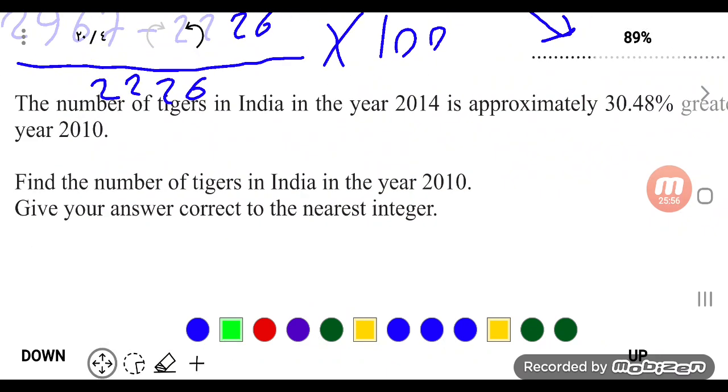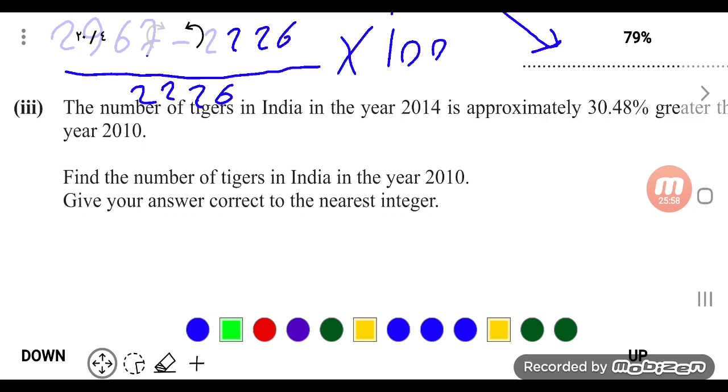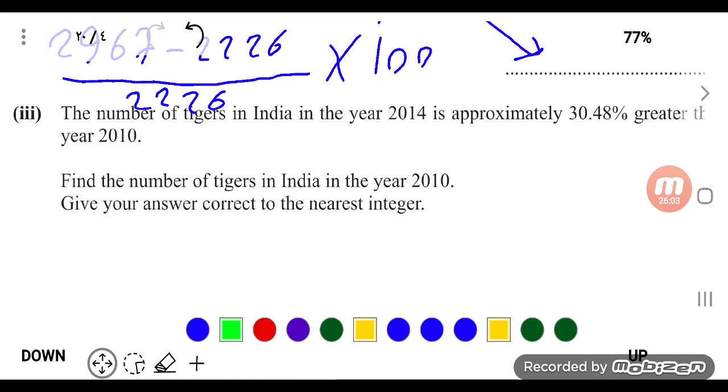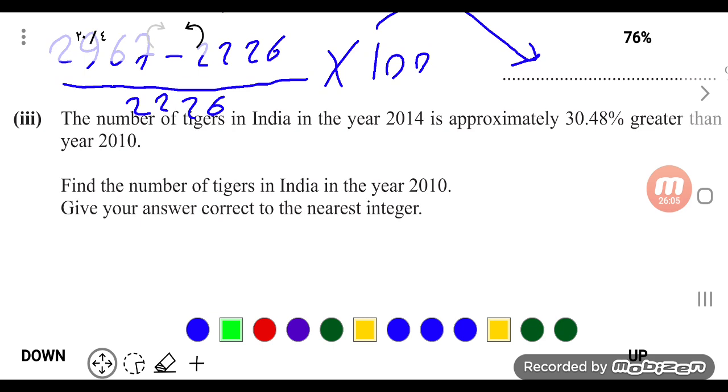Next question now. The number of tigers in India in the year 2014 is approximately 30.48% greater than the year 2010. Find the number of tigers in India in the year 2010. So in 2010 we don't know what it was. It was X. Then it has increased by 30.48%.